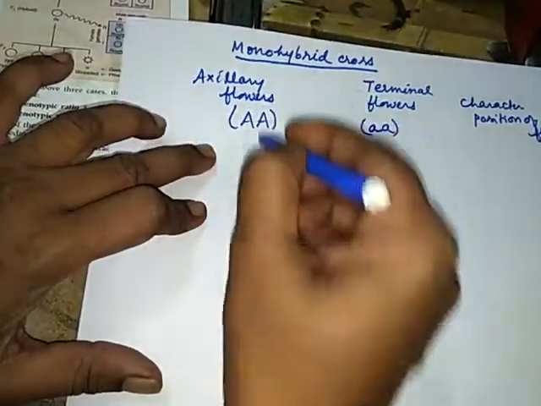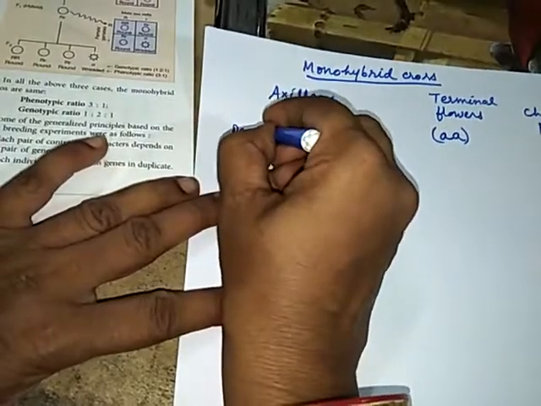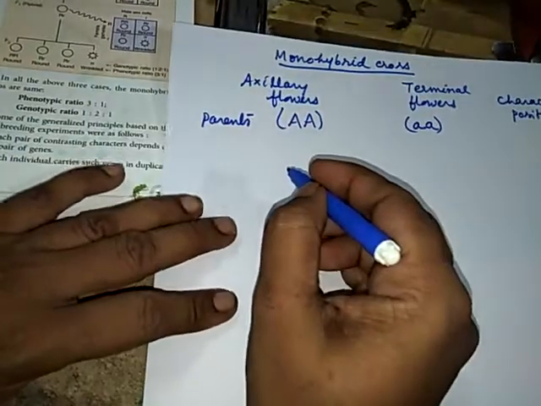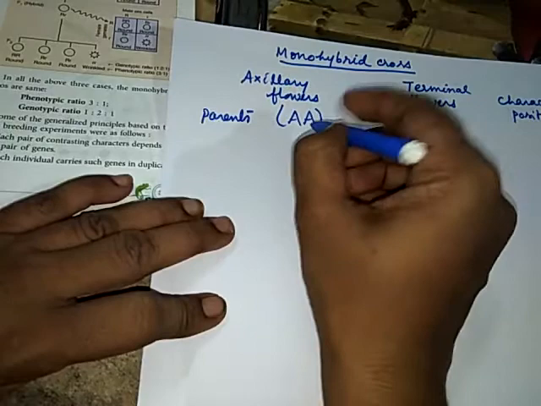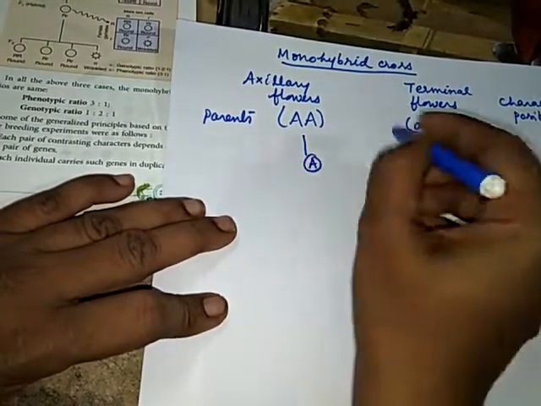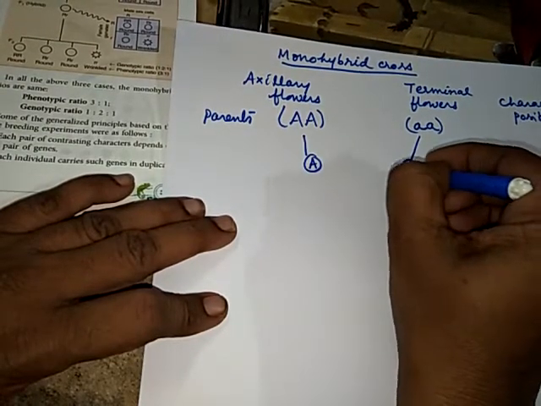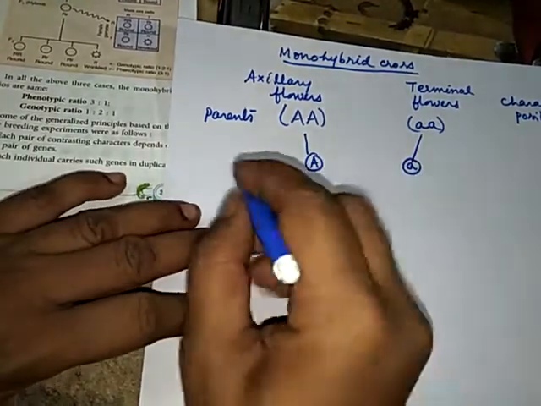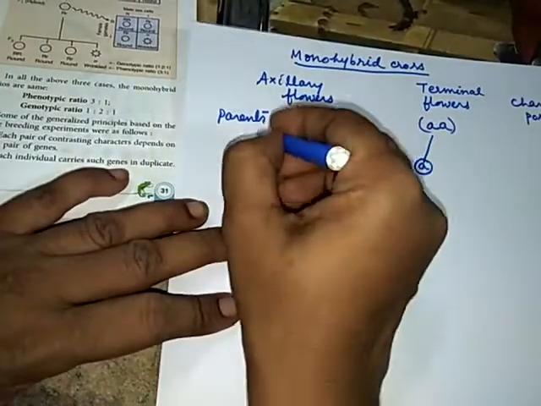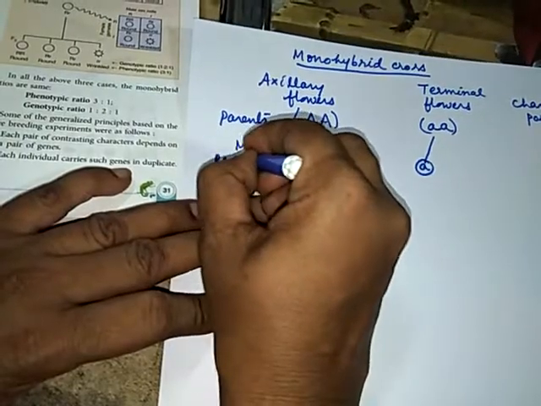Chromosomes always appear in pairs. So these are the parents, and to form the zygote they first form gametes through meiosis, the reductional division.